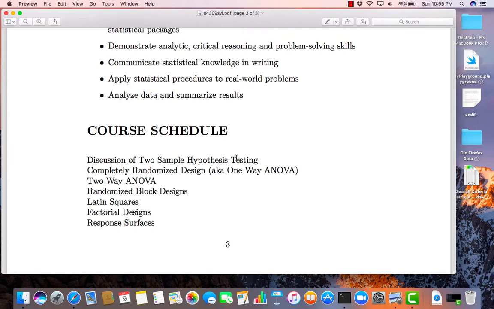Yes, you were supposed to take that. Then completely randomized design, also known as one-way ANOVA, then two-way ANOVA, randomized block design, Latin squares, factorial designs, and response surfaces. Okay, good. All right.